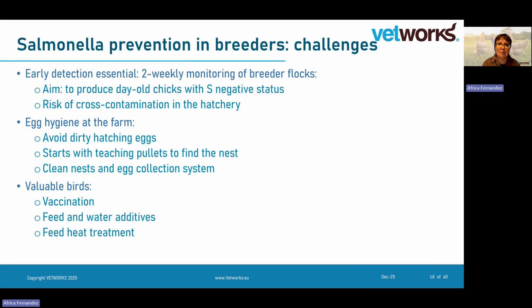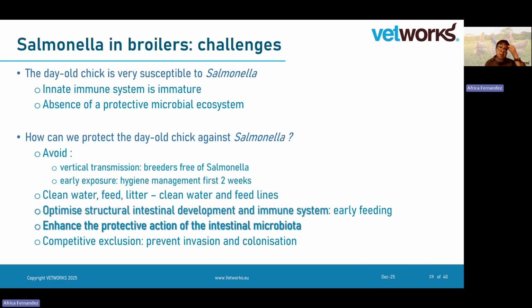In broilers, well, their immune system is immature. They don't have a stable microbiota that could compete with Salmonella, so they are really quite susceptible. So how do we protect the day-old chicks? We need to make sure that the breeders are free of Salmonella, and we need to make sure that we have top biosecurity, especially during the first few weeks of life.